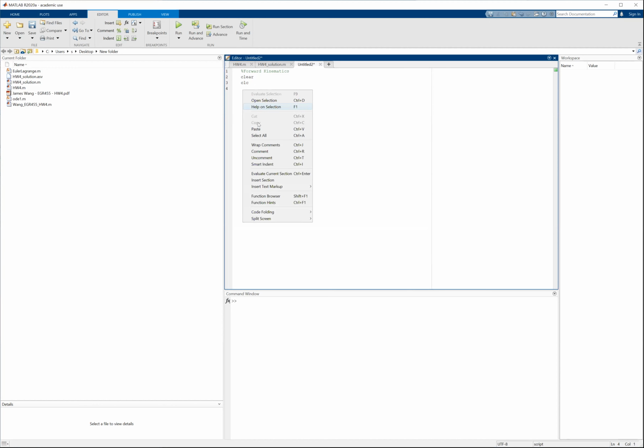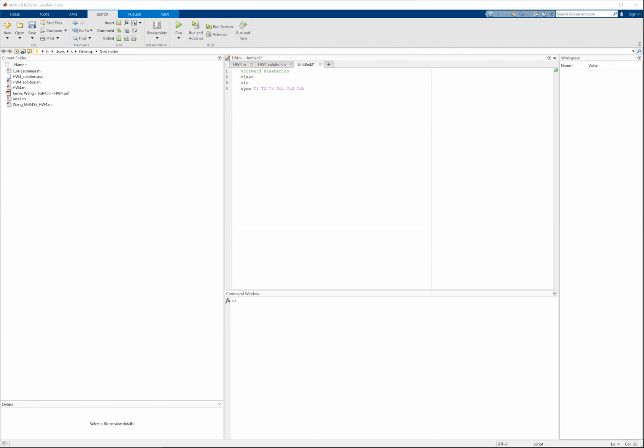So in line number 4, I'm going to define my symbolic variables. T1 stands for theta 1, T2 stands for theta 2, T3 stands for theta 3, TD1 is theta 1 dot, TD2 is theta 2 dot, and TD3 is theta 3 dot. Any questions here?